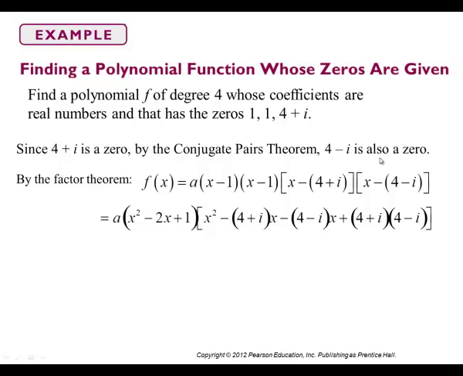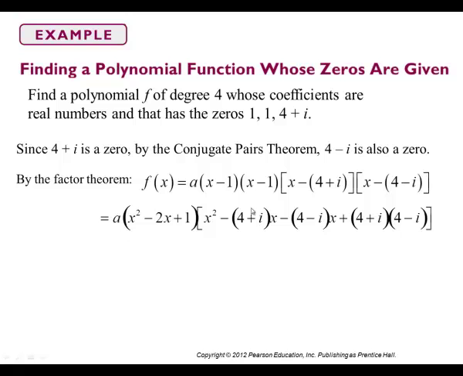And then x times minus (4 minus i), and this will be minus 4 minus i times x. And then you have the negative (4 plus i) times the negative (4 minus i). Well, negative times negative is a positive, and so that gives you (4 plus i) and (4 minus i).